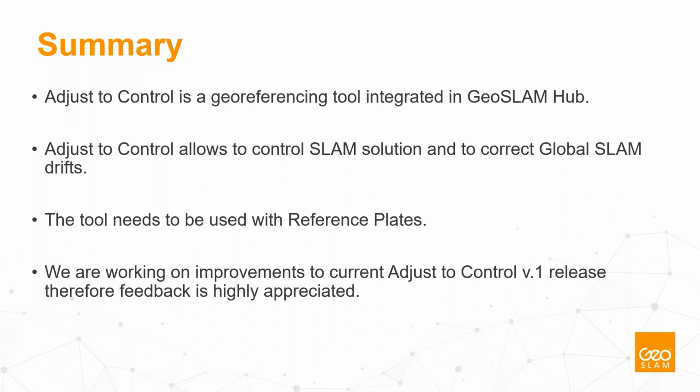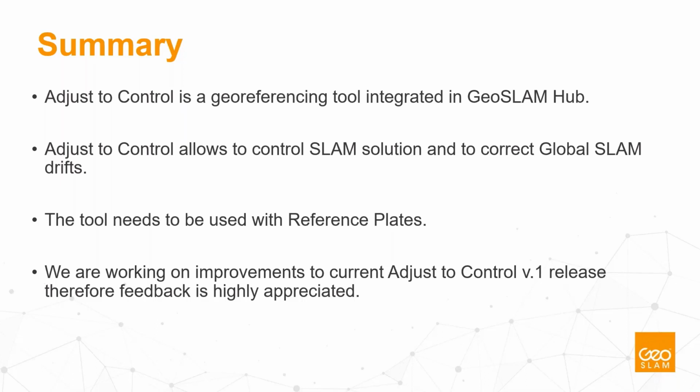Good. So as a summary of the tool, we are using Adjust to Control. You can use Adjust to Control as a georeferencing tool, which is integrated in the Hub interface. Or you can use it as well as a control for SLAM solution and to correct global SLAM drifts. To be able to use it, you need to use reference plates during data capture.